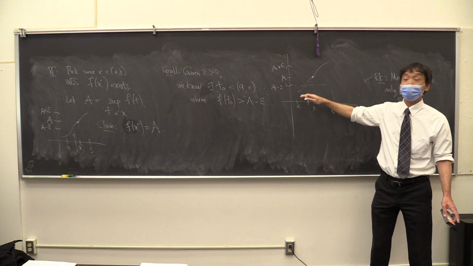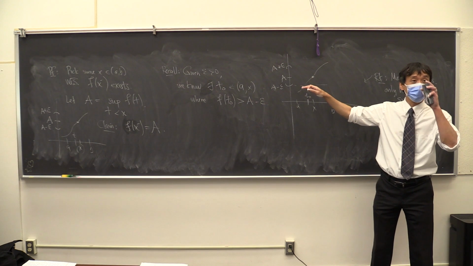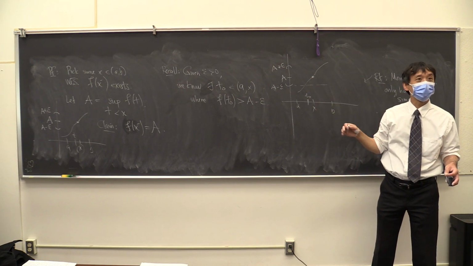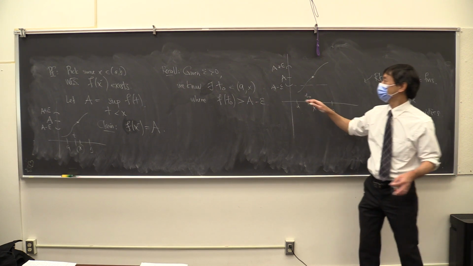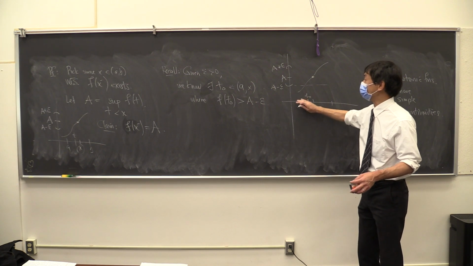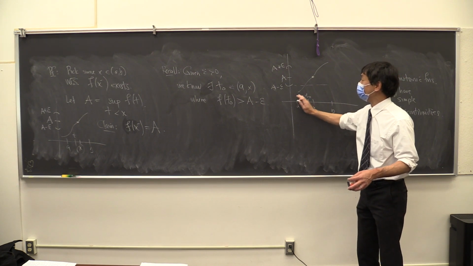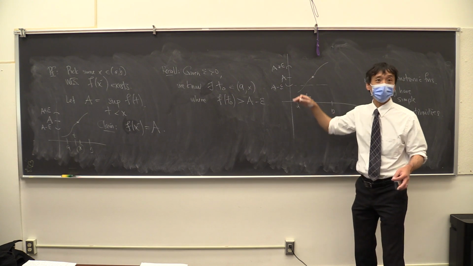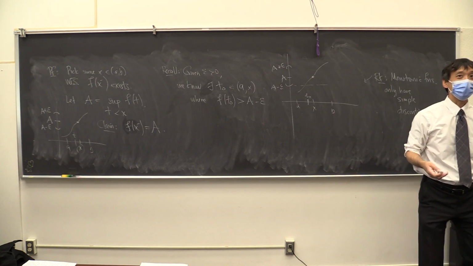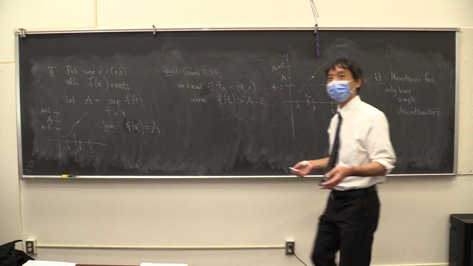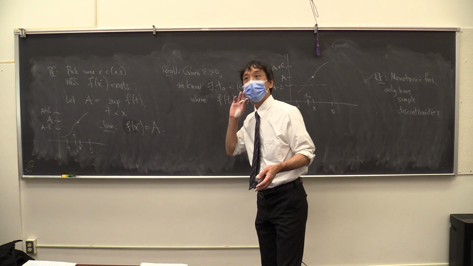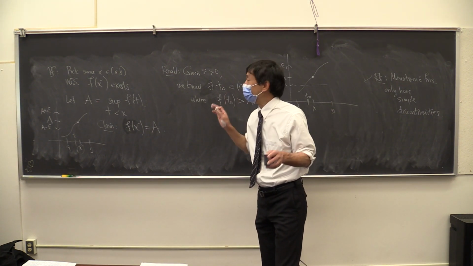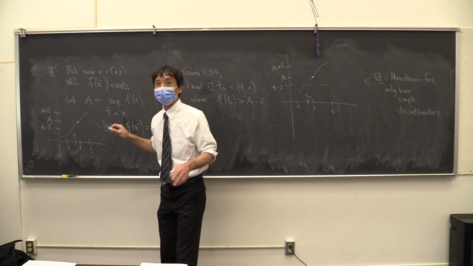If there's nobody there, then what? If there's nobody over here where the values are bigger than A minus epsilon, then why is that wrong? Yes? There's no left side limit. Well, that's not the problem.